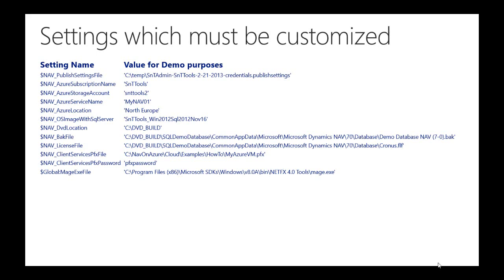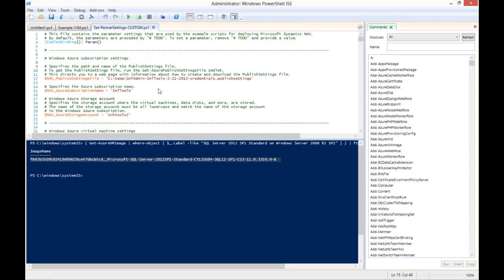This setting should contain the full path to the mage.exe file, which is associated with the manifest generation and editing tool you would have installed on your PC earlier when you were preparing your machine to work with the provisioning tools for Azure. See step 2 in my previous video, How do I get started with provisioning tools for Azure, for more details. When you have configured all your settings appropriately, save the set partner settings-custom.ps1 file.